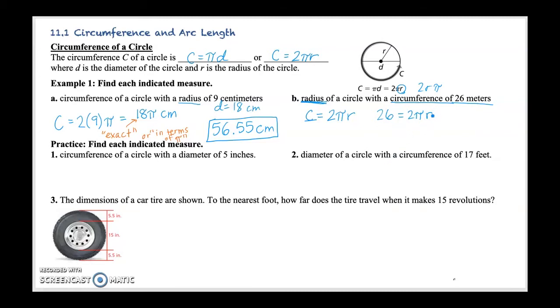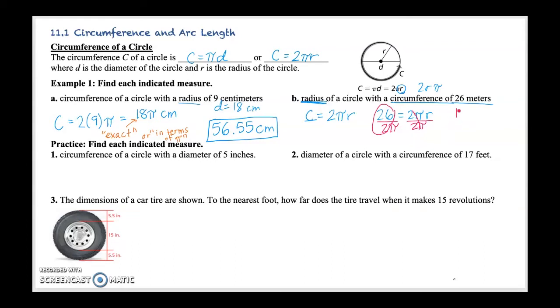Now all I have to do is get radius by itself. So I would divide both sides by 2 pi. That cancels out. I would always recommend getting your exact answer first, and then once you have your exact answer, you can put it in a calculator to get your approximate answer. You could simplify this actually. 26 divided by 2 would be 13.